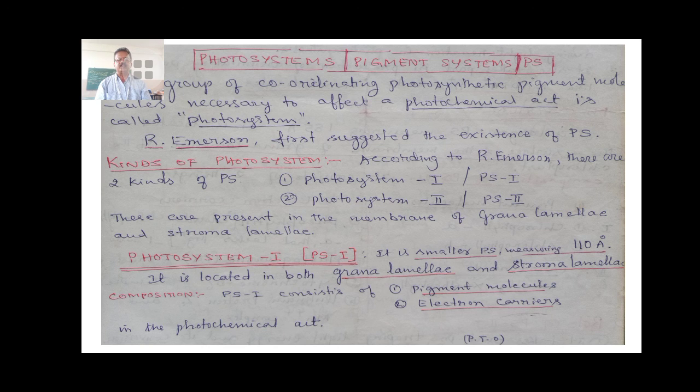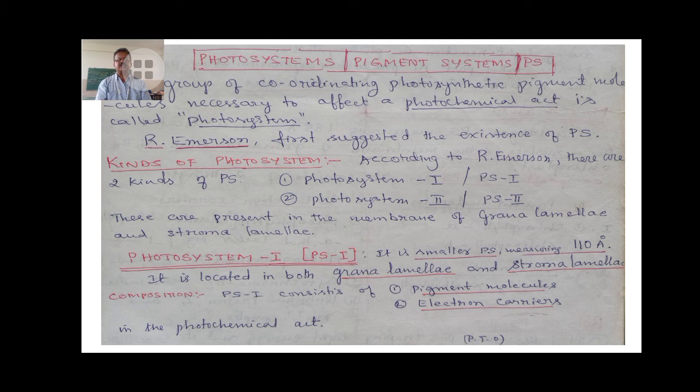PS1 involves cyclic and non-cyclic photophosphorylation, but PS2 involves only non-cyclic photophosphorylation. One more important role of PS2 is it is involved in photoionization of water and liberation of oxygen molecule. The fourth role is it takes part in production of assimilatory power, that is ATP molecule.